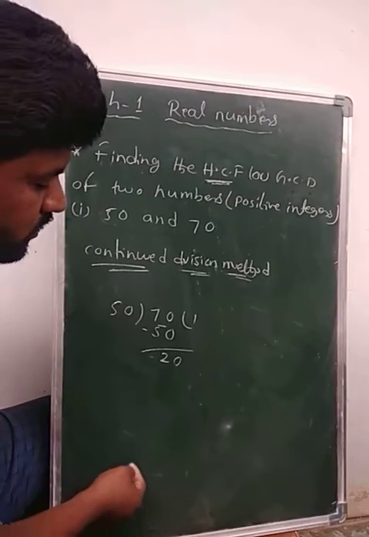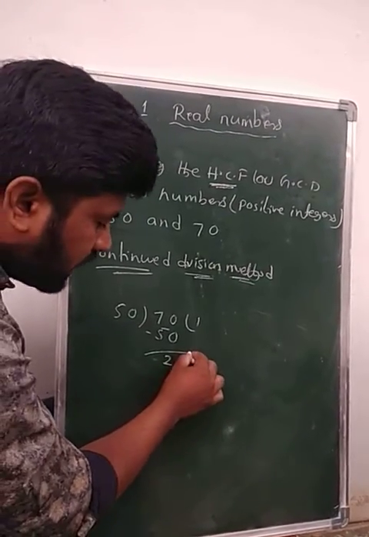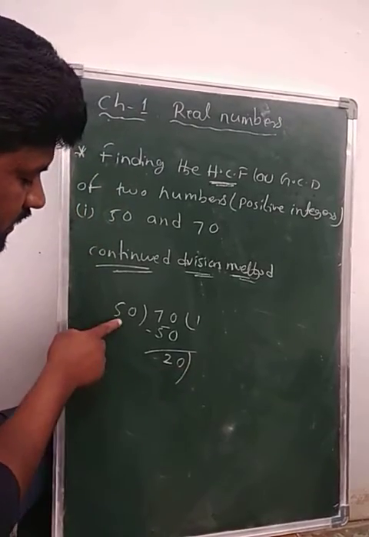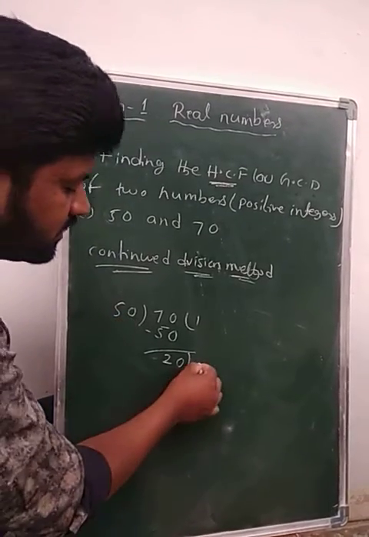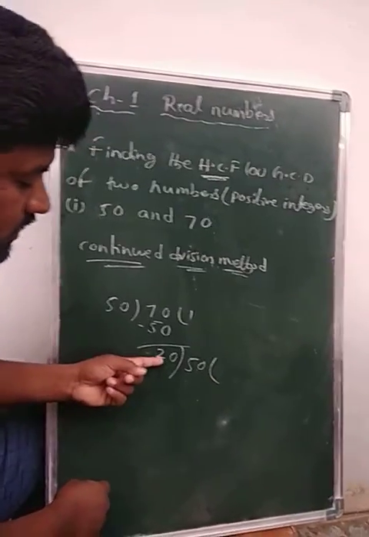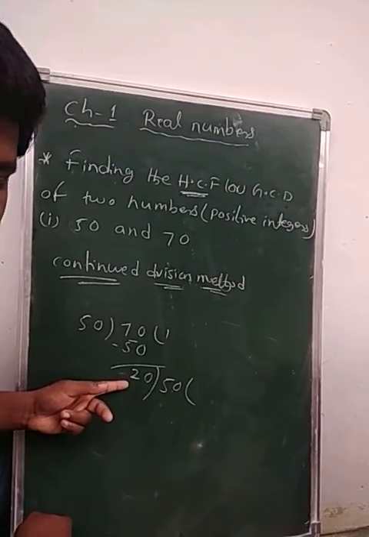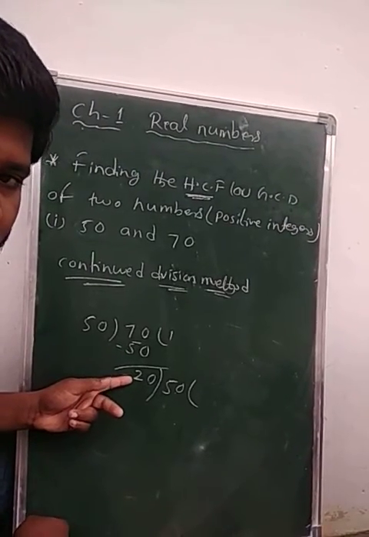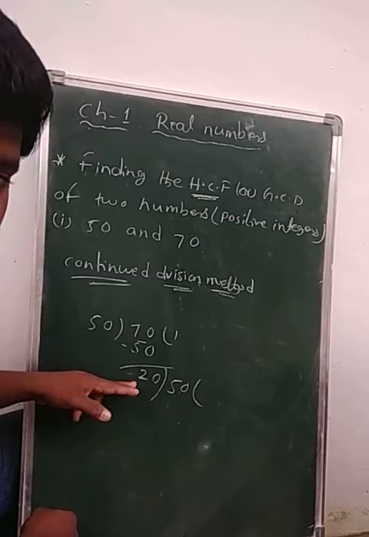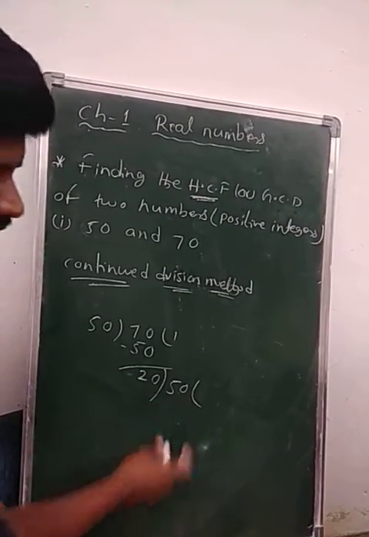Now we know 20 is a remainder, but now it acts as a divisor. The divisor 50 acts as a dividend. Is it clear, my dears?